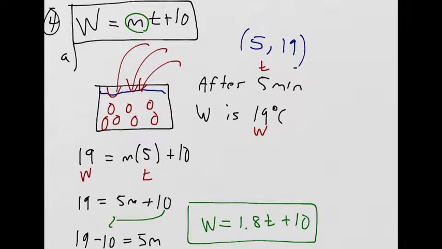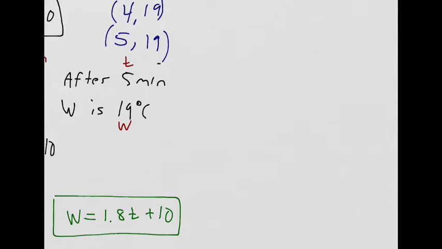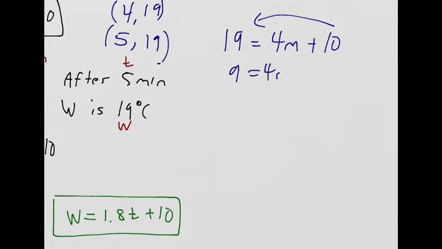Watch what happens if I use, say, the point 4, 19, and I didn't know whether or not that point was on the line. You weren't told that. Watch what would happen. If I put in 19 for W equals 4M plus 10, and then solve for M again, just really quick, that's 9 equals 4M.